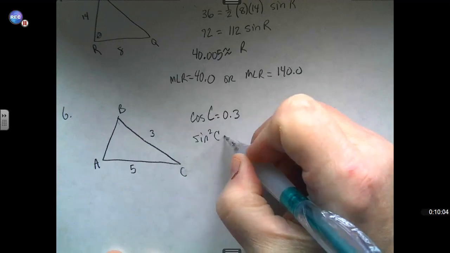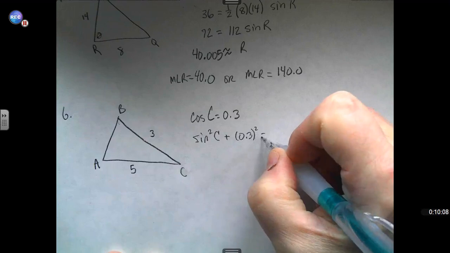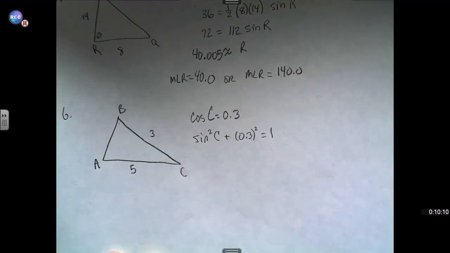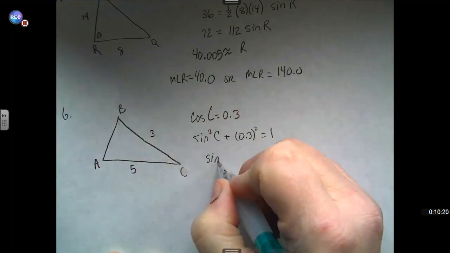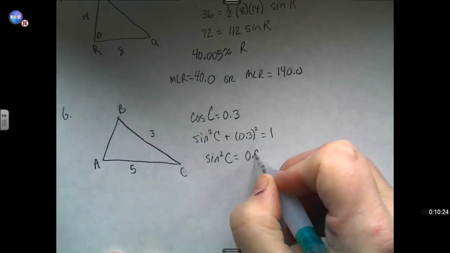So sine squared c plus 0.3 squared is 1. So we get 1 minus 0.09. We get that sine squared c is 0.91.